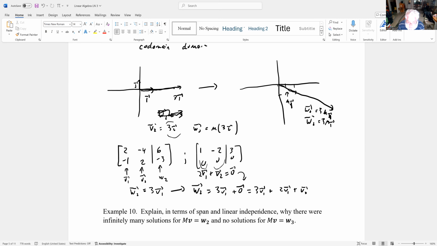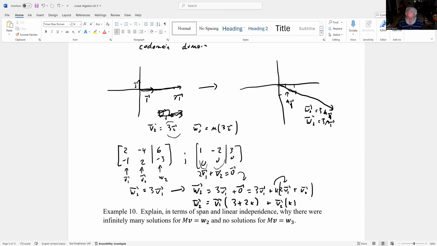And in fact, since this is a 0 vector, I can multiply it by any constant I want, and it's still 0. So what we get then is that W2 can be written as V1 times 3 plus 2k plus V2 times k, right?